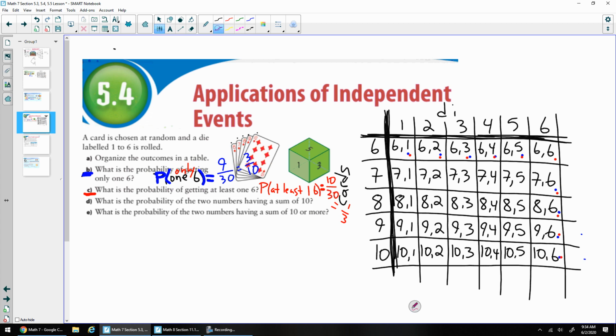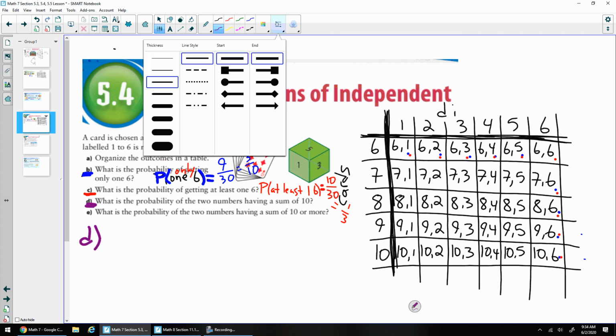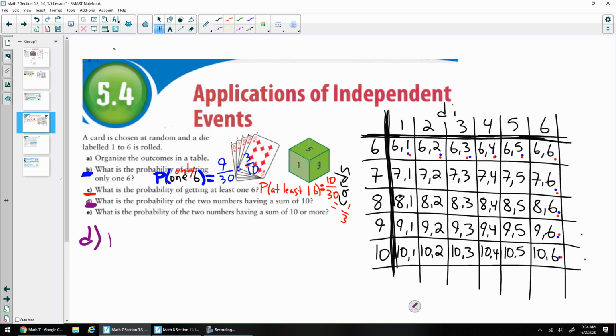What is the probability of the two numbers having a sum of 10? Okay, so for D, we are looking at probability sum of 10. So how many of these add up to 10?